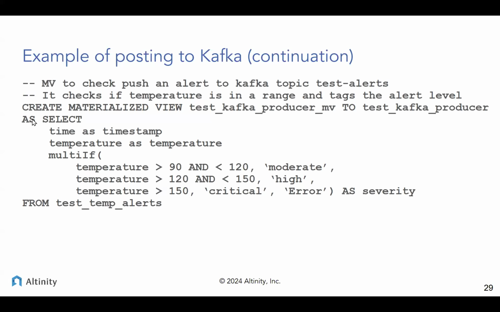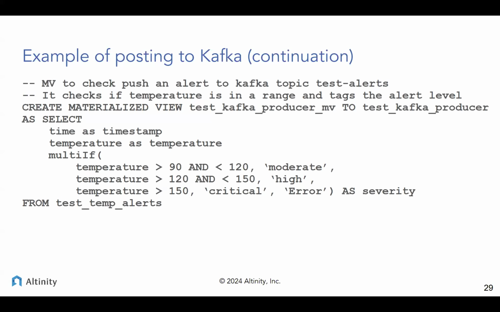And what you can see here is a great example where you can now add any kind of logic you want in this query to reshape the data so that it generates the best possible alert. I think this is a really nice example, using this multiIf where you can show the ranges, like, hey, the critical one, the boiler is about to blow up. You can then feed that into the alert and hopefully somebody will pay attention to it.